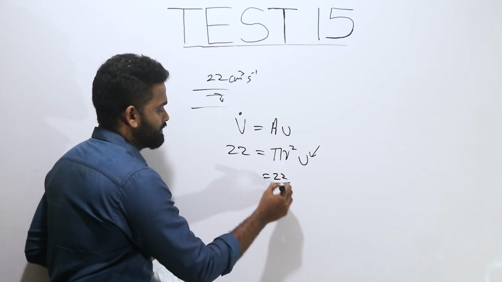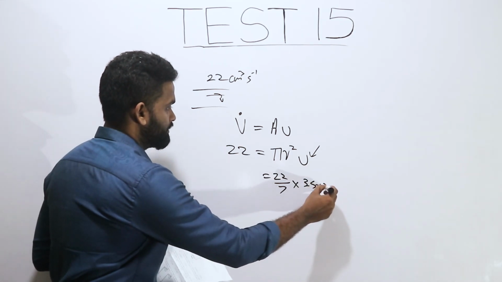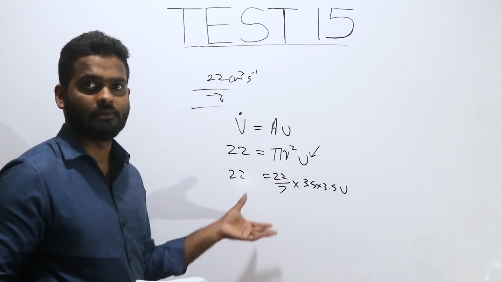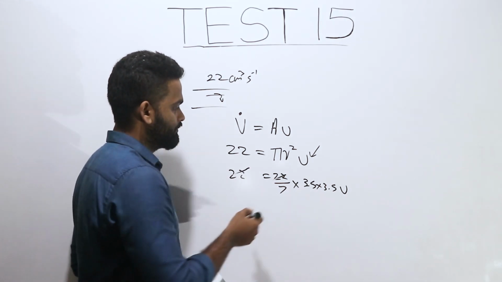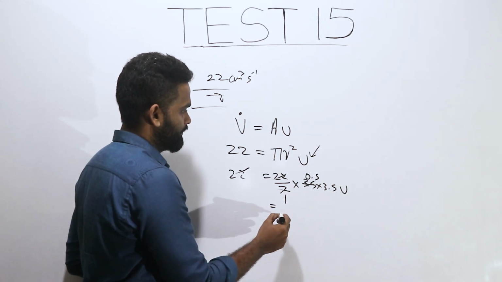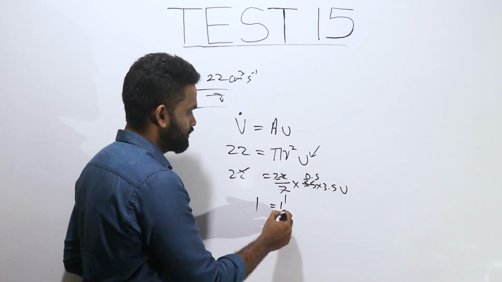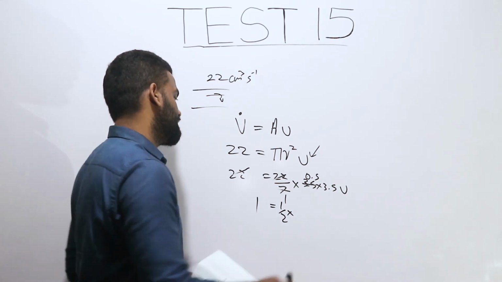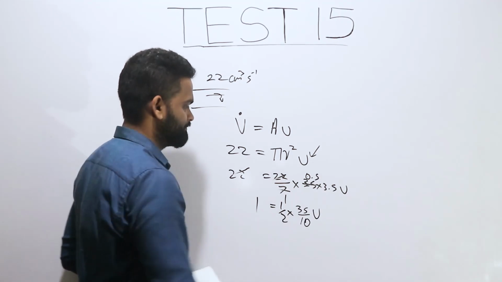Pi I can consider as 22/7. Radius is 3.5 times 3.5, times v equals 22. Now just simplify to find v. That's an easy question. 22 cancels off, 3 means 1, then 0.5. So we have 1 equals 0.5, which is 1/2. 3.5 I can write as 35/10, v.